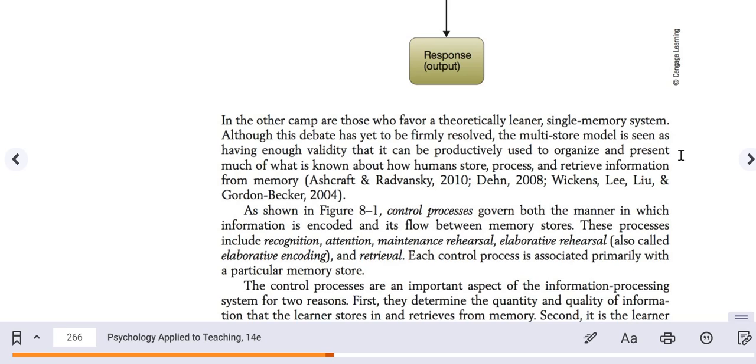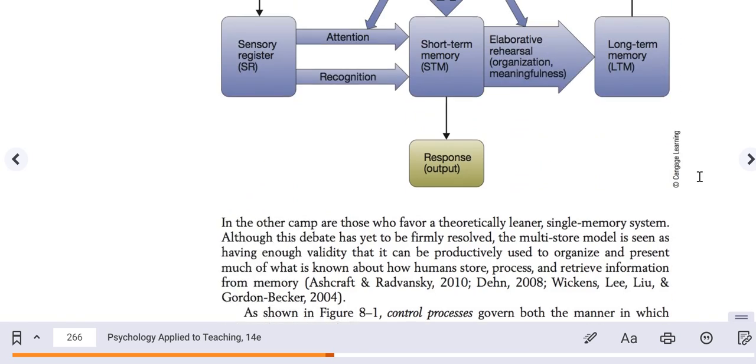Although this debate has yet to be firmly resolved, the multi-store model is seen as having enough validity that it can be productively used to organize and present much of what is known about how humans store, process, and retrieve information from memory. As shown in Figure 8.1, control processes govern both the manner in which information is encoded and its flow between memory stores.